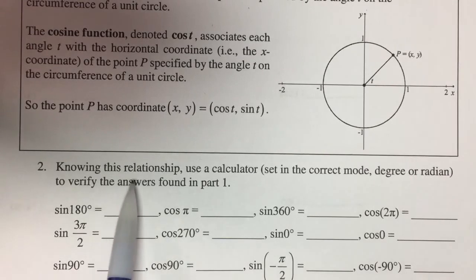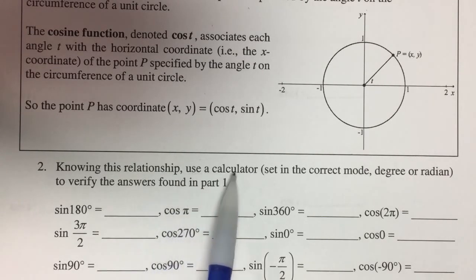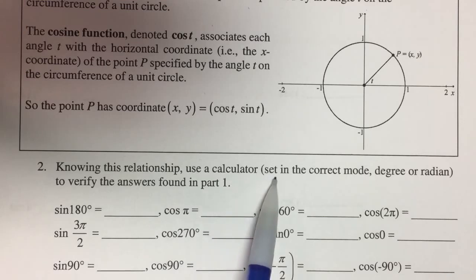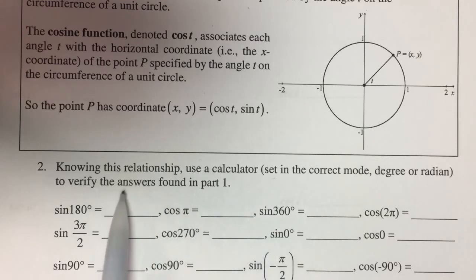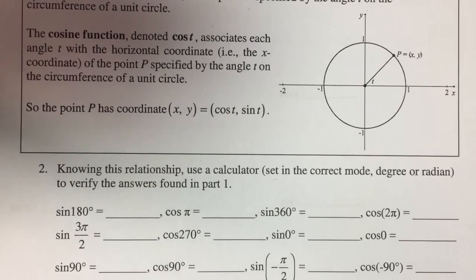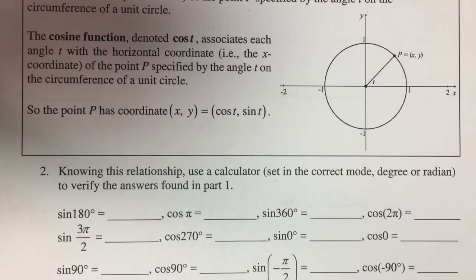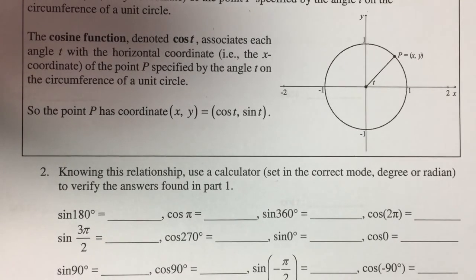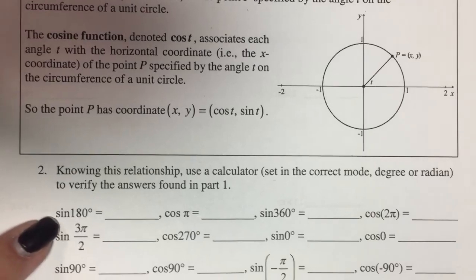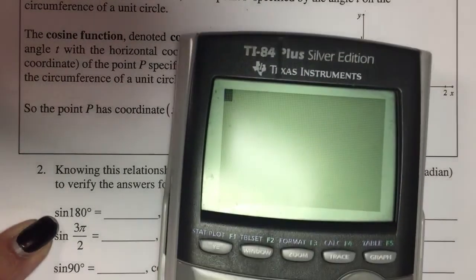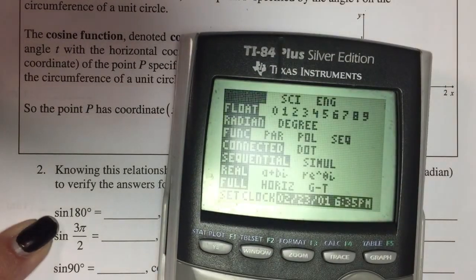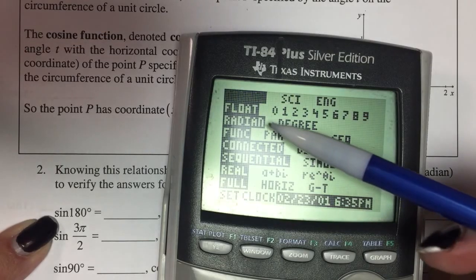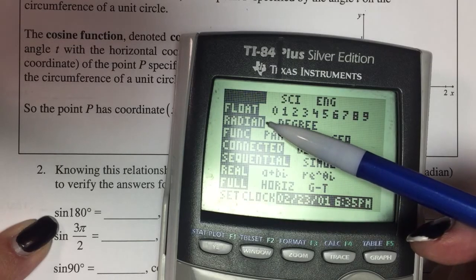So now doing example 2, knowing this relationship, it says use your calculator set in the correct mode to verify the answer. We're only going to do a couple of them, but I want to make sure you understand how to put your calculator in the correct mode. For example, the sine of 180. If you go to mode, you can see my calculator right now is in radian mode.